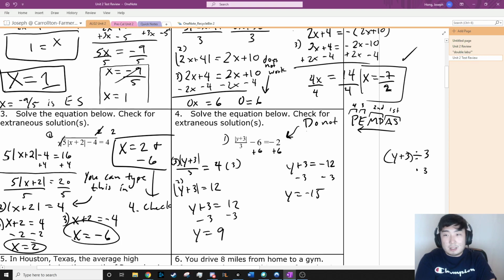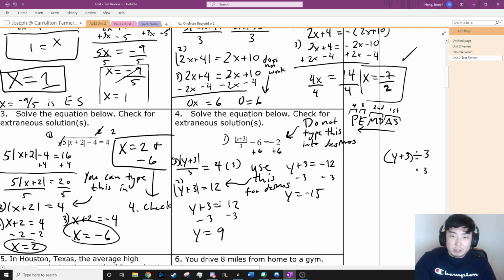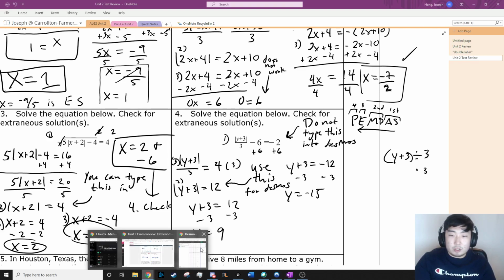Do not type this into Desmos. Use this for Desmos. And really, this is just saying, hey, I'm efficient because I'm going to type this in because it's easier to type, which is true.